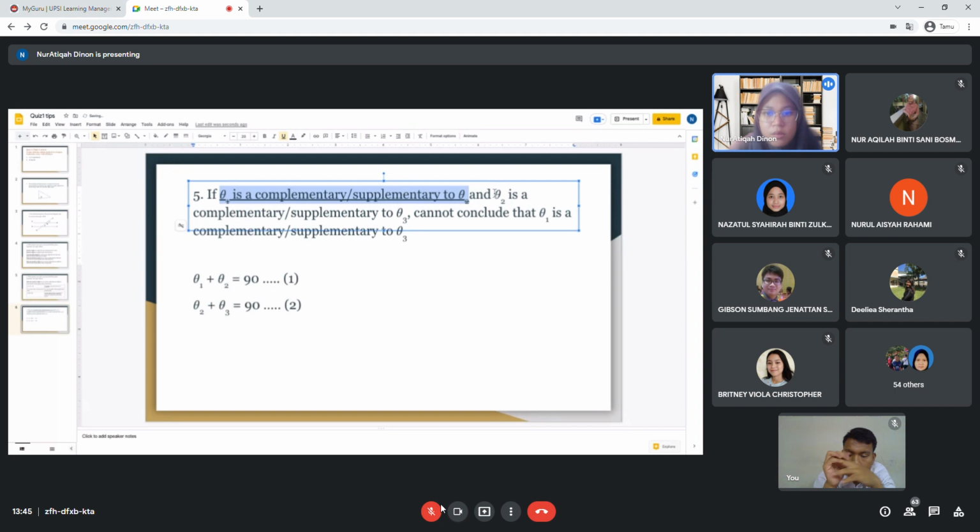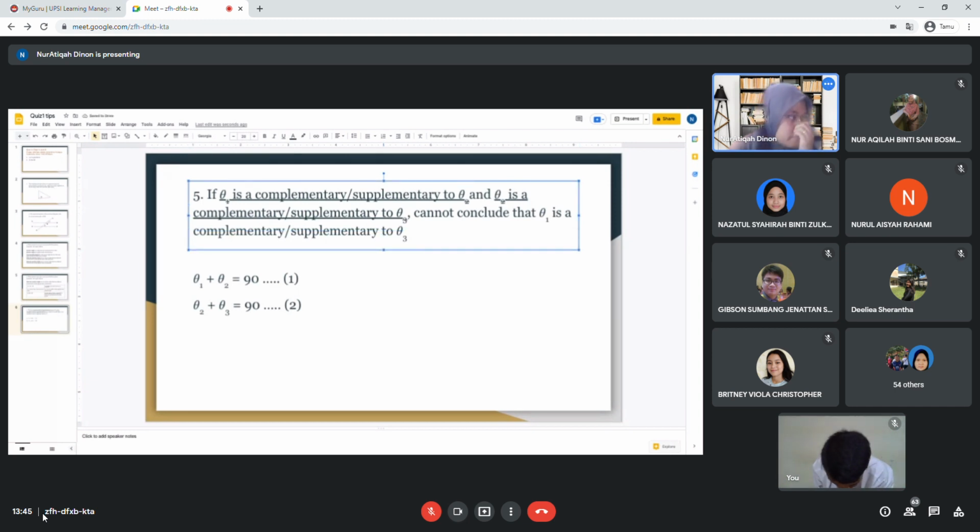And then we have theta 2 is a complementary or supplementary to theta 3. But then we cannot use the reflexive, transitive, transitive kan? Sekejap. Reflexive. Sekejap, saya lupa.